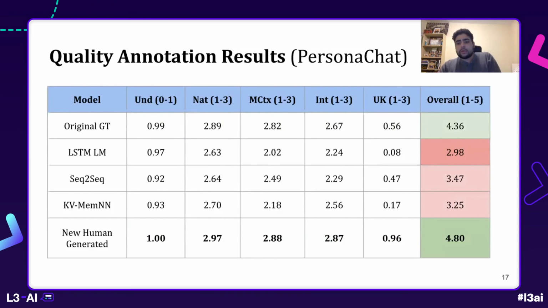And what I want to show here is that we have a wide spread of performance. And this is really important because when you're designing an evaluation metric, you don't want it to only work for really good models or really bad models. You want it to be able to effectively assess responses across the entire array of performance.